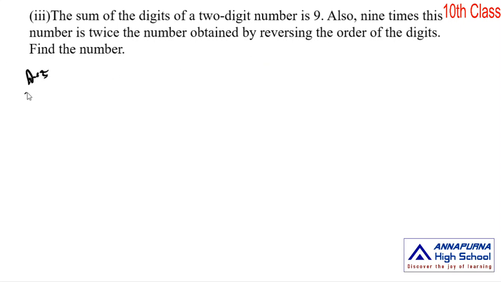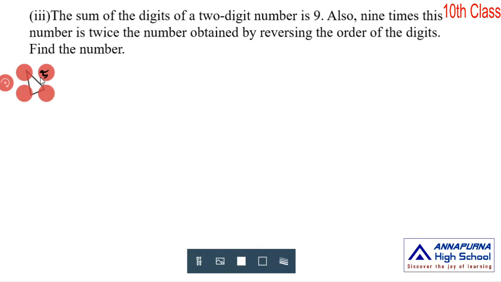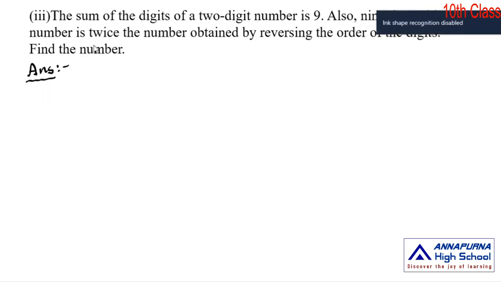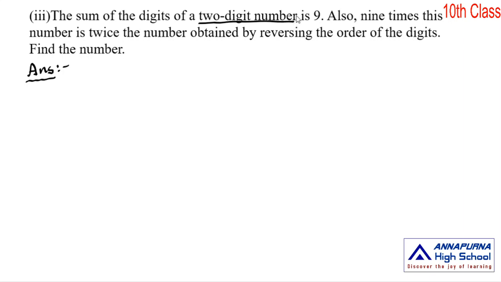Okay, so at the end of the question, what do we require? We require a two-digit number. But observe the conditions for this two-digit number. The sum of the digits of a two-digit number is 9. So here we find a two-digit number, and this 9 represents what?